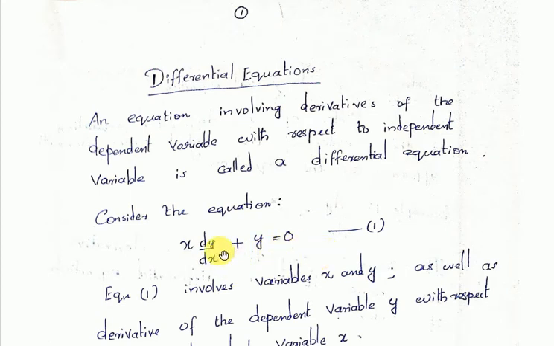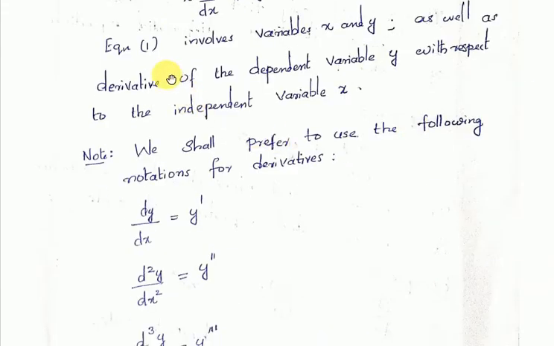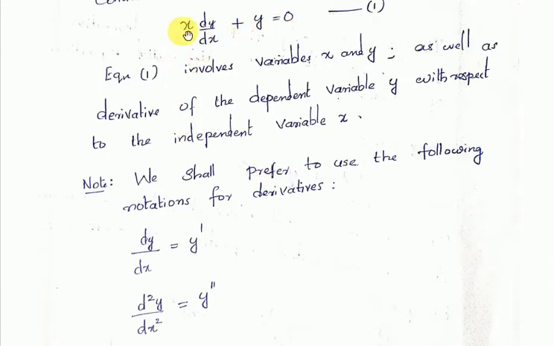Here y is the dependent variable and x is the independent variable. Equation 1 represents a differential equation, x dy by dx plus y equals 0.